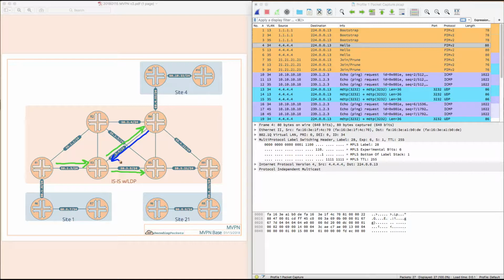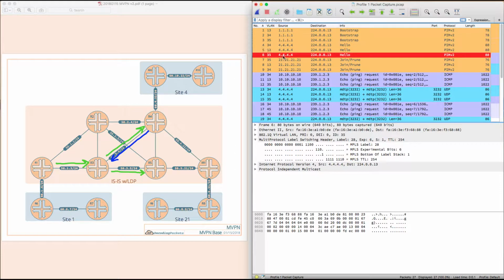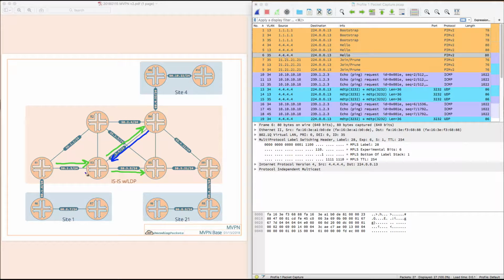So a packet from 4444 comes in on VLAN 34, and it is going to be multicasted out on, if you look at the next two packets, VLAN 13 and VLAN 35. So it is going towards R1, VLAN 13, and VLAN 35, which is R5. So it's never sent back or looped back towards the direction it came from.